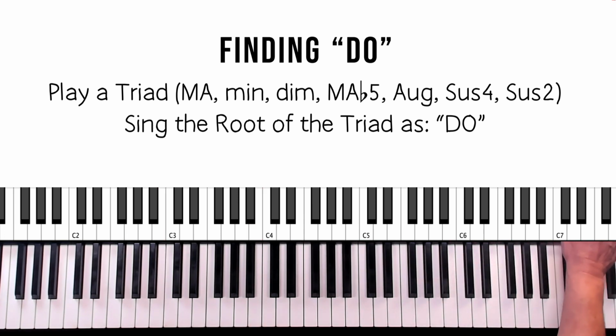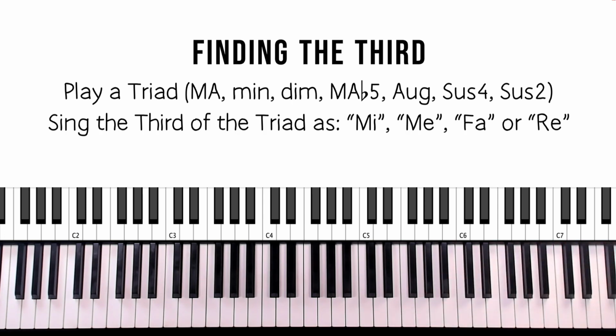Okay, good. So now we're gonna take it to another level. We're gonna sing the third of the triads. If we have a major triad, a major flat 5, or an augmented triad, we're gonna have a major third. Mi.